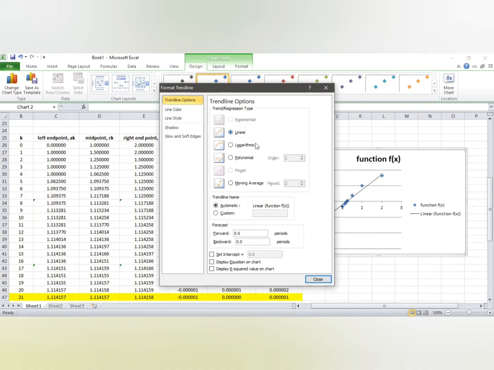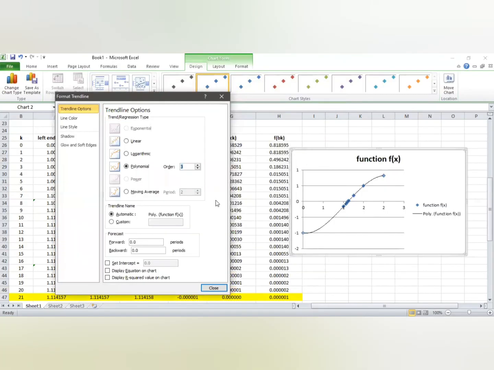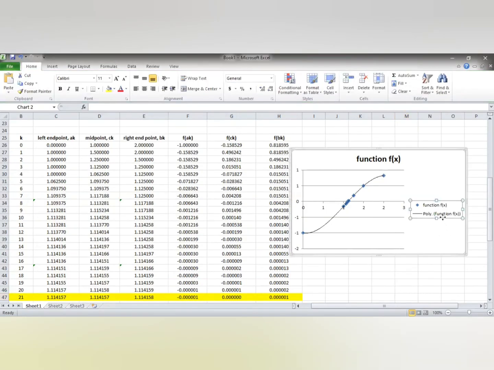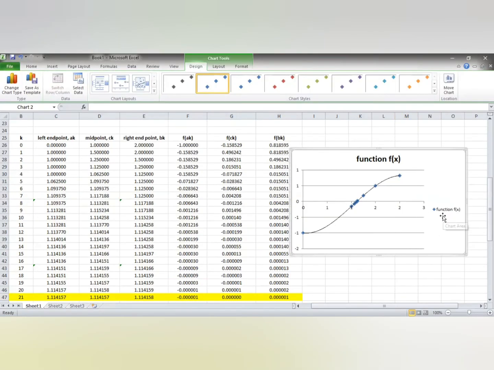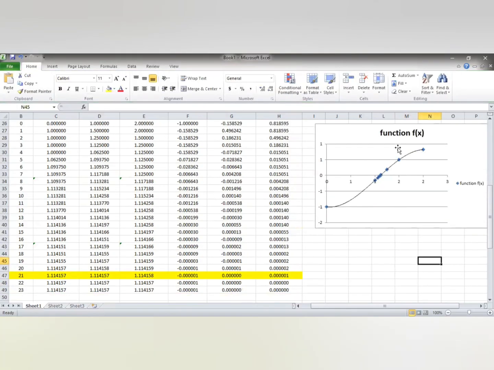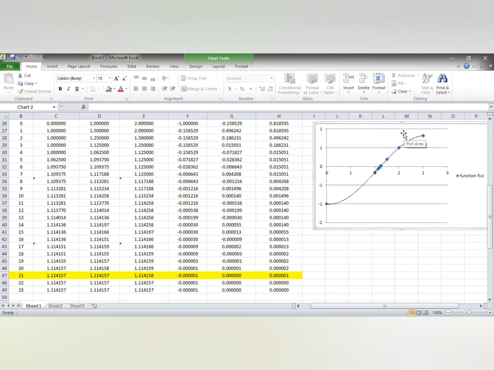So I will go here. For the perfect fit, you have to find the best fit. Third degree is okay. So okay, this is my function. I can delete also that one.